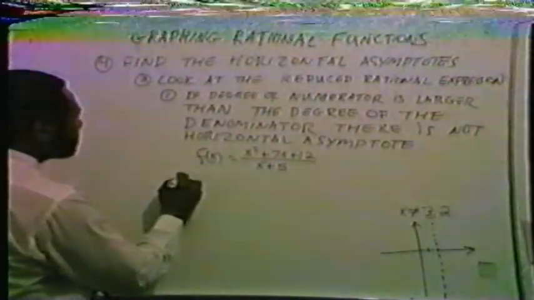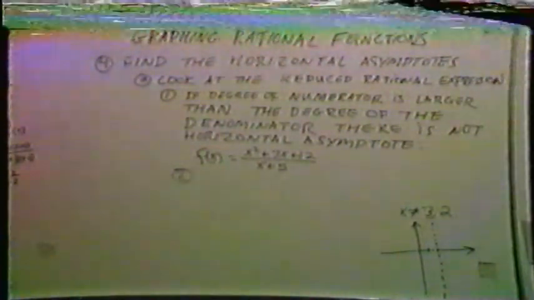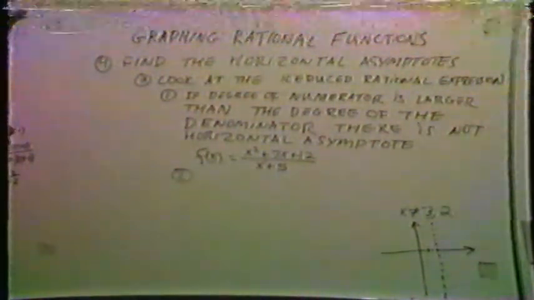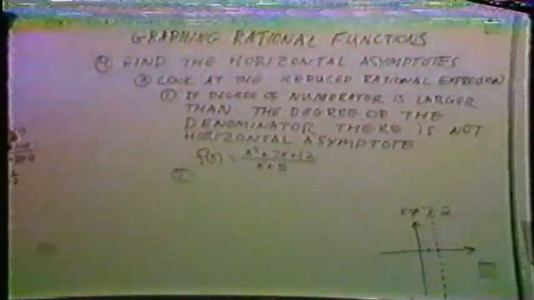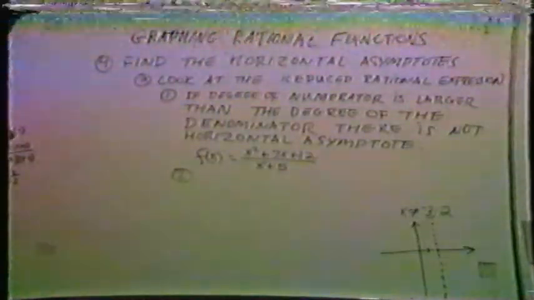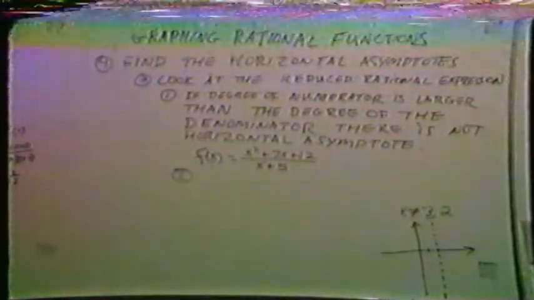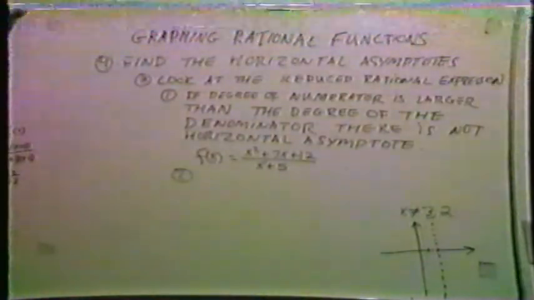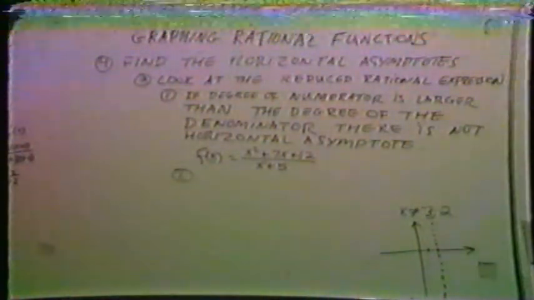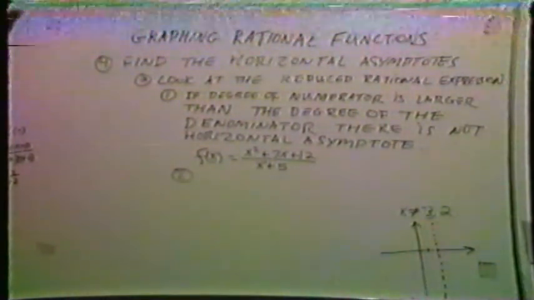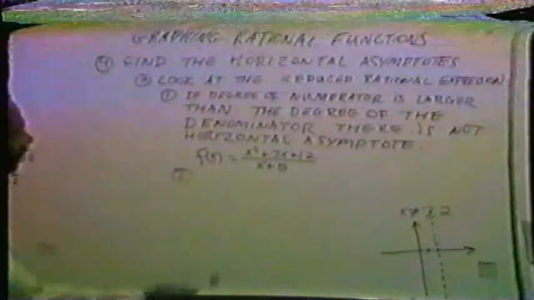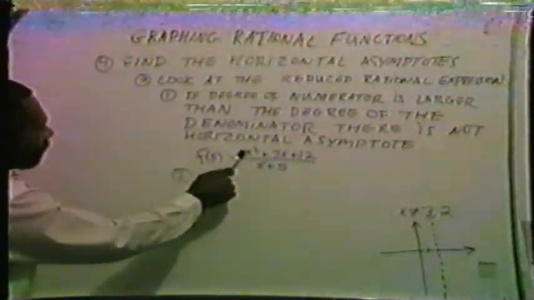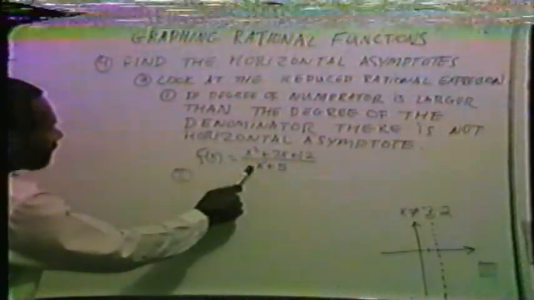Okay, for number 2, if the degree of the numerator is the same as the degree of the denominator, this is after you reduce the rational function to lowest terms, then the horizontal asymptote is y equals the leading coefficient of the numerator divided by the leading coefficient of the denominator.